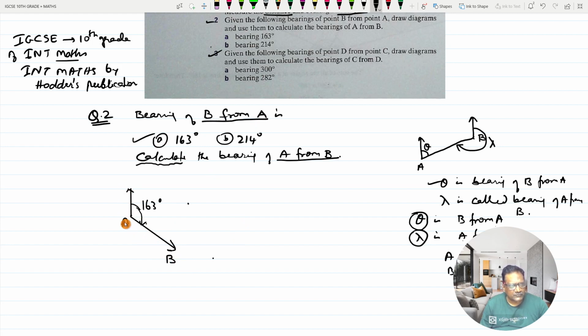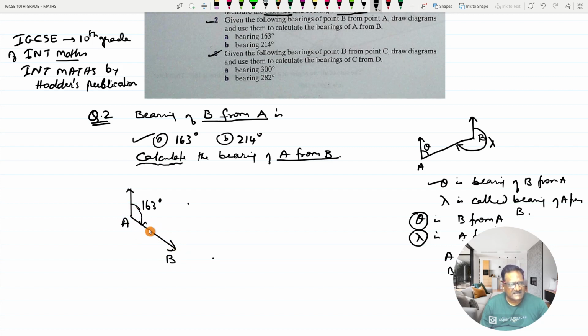At A you have to draw a north direction arrow, and from that north direction arrow you have to go clockwise and travel 163 degree to reach a line AB. On this line AB you will be taking this point B. Now suppose they have given you some distance AB, then you will have to take B at that distance, otherwise you can take B anywhere because distance is not mentioned.